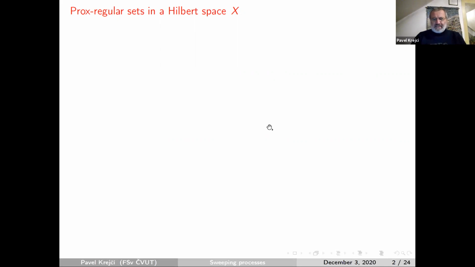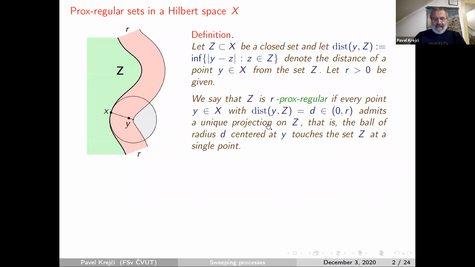Prox regular sets in the Hilbert space X. And so there is a formal definition. So essentially, the set Z, which is here represented by the green area, is called Prox regular if there exists an R neighborhood of the set, so this pink layer, this is the R neighborhood of the set Z, in which there is a uniquely defined projection.